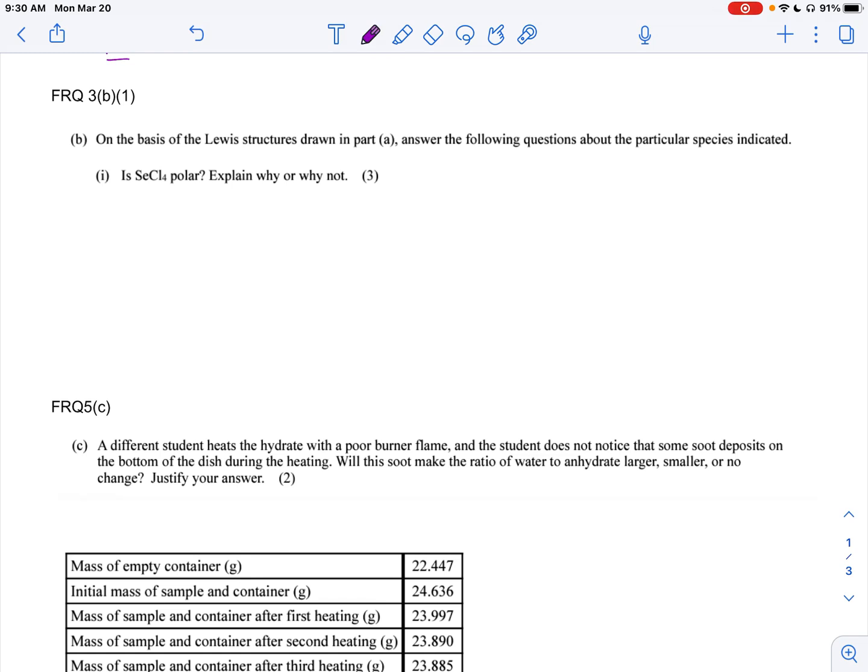So let's take a look at SeCl4. SeCl4, the Lewis structure, which you would have done up in A. 6 plus 7 times 4.